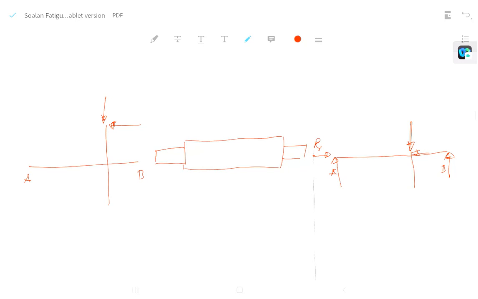We know this value is 1.5, same as this value. So we just consider this force and this force to calculate.